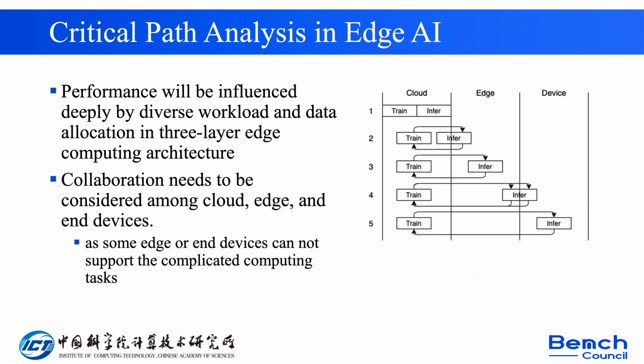When those processing tasks are put on different layers, performance will be influenced deeply by diverse workload and data allocation in the 3-layer edge computing architecture, as some edge or end devices cannot support complicated AI computing tasks. Collaboration needs to be considered among cloud, edge, and end devices. Therefore, the performance evaluation and analysis needs to cover the critical path.